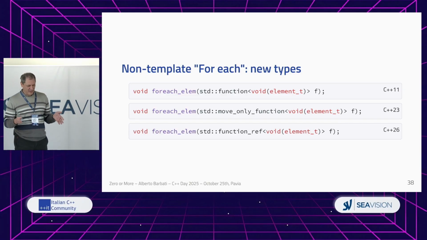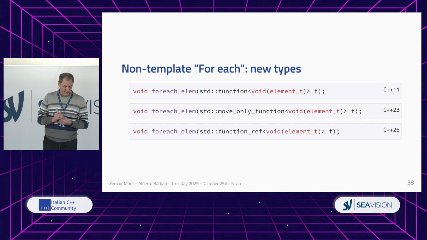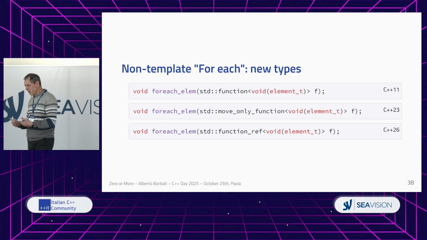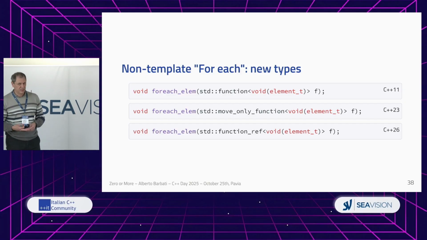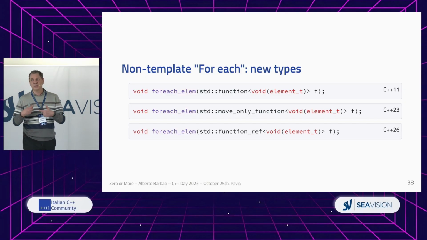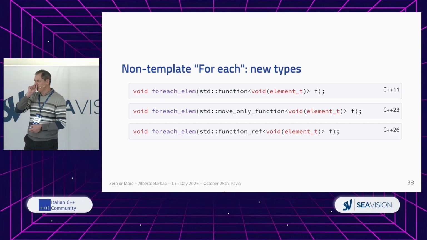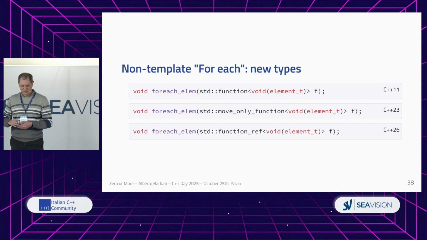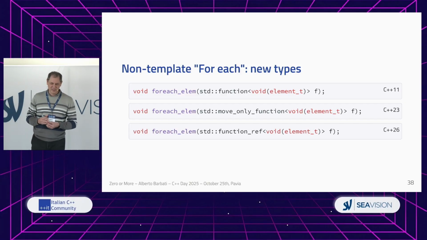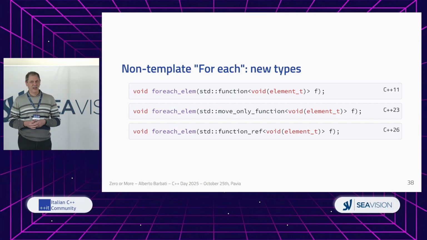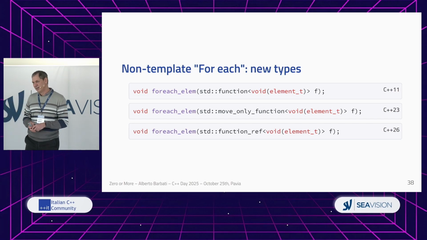So the library needs to check if the object is empty or not, and if it's empty, it has to throw an exception. In move_only_function, they decided to be less precise, or maybe more precise, and say that if you call an empty move_only_function, then it's undefined behavior.